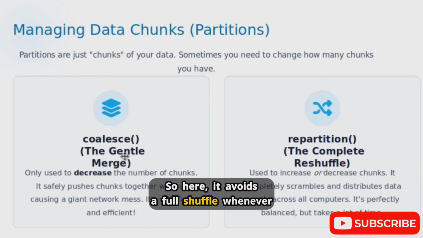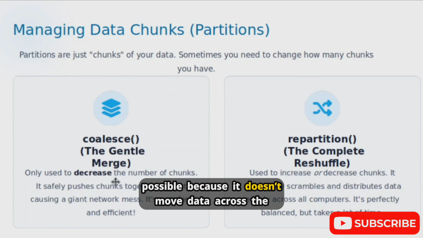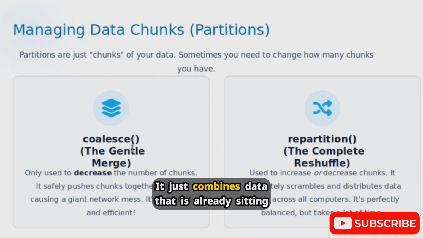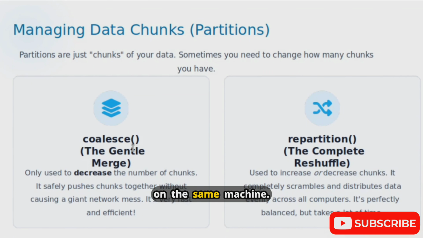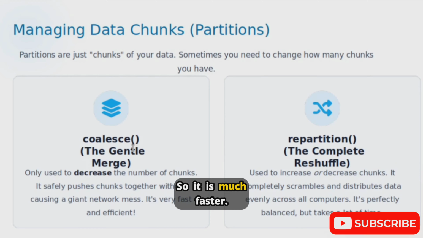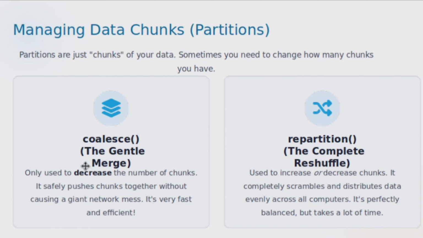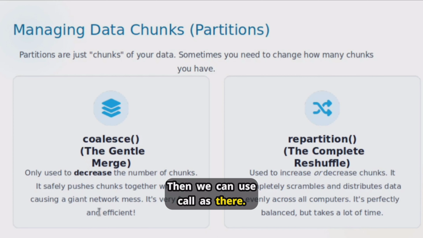It avoids a full shuffle whenever possible because it doesn't move data across the network. It just combines data that is already sitting on the same machine. So it is much faster. When you want to decrease the number of partitions, we can use coalesce there.